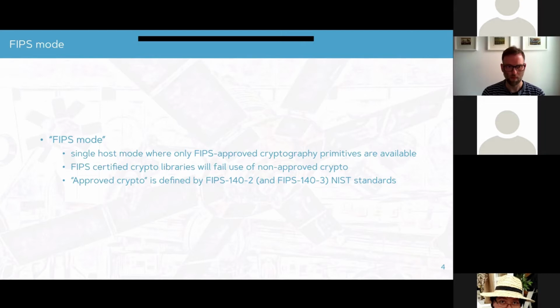Only those algorithms described in these documents are available, and nothing else. And the FIPS certified crypto libraries, or the library versions claiming that they're able to work in FIPS mode, must disable non-approved crypto algorithms and actually must abort execution of the applications. There are always details on what really happens there, but that's the gist of it.